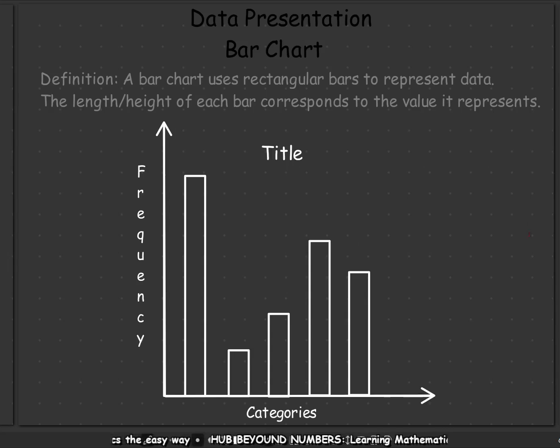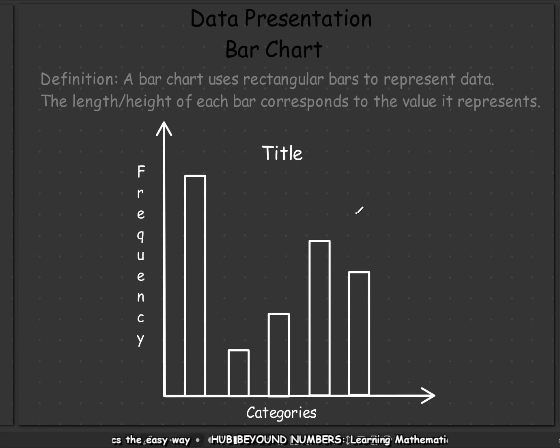So each category has its corresponding frequency. Then finally, you would always need a title. If someone takes your graph book or your bar chart, they should be able to tell what the graph is talking about. That is where you need your title.